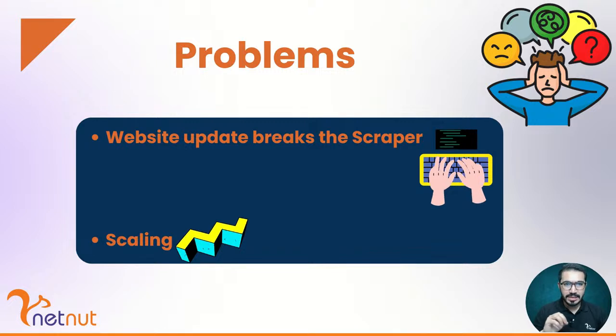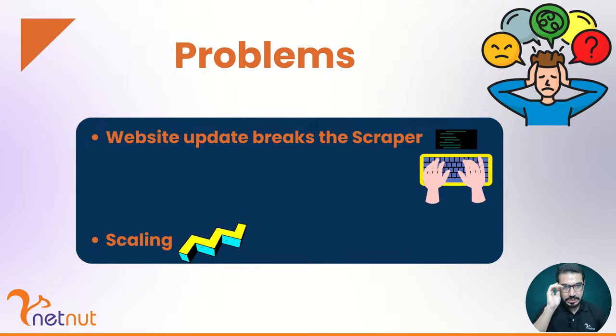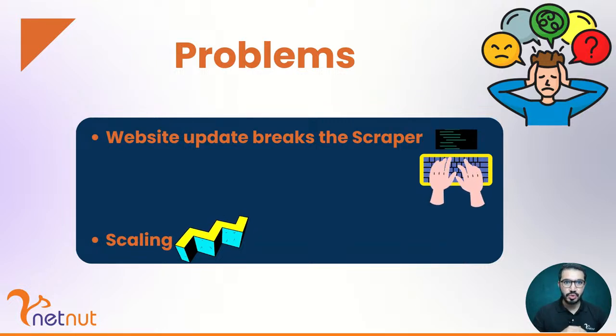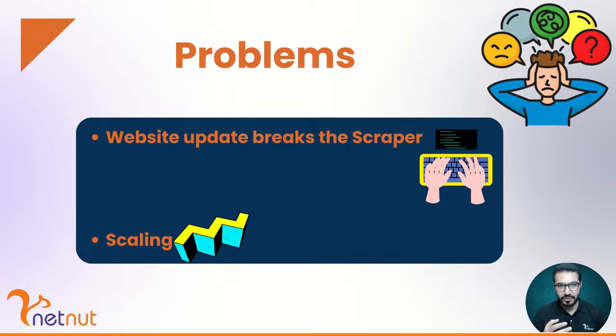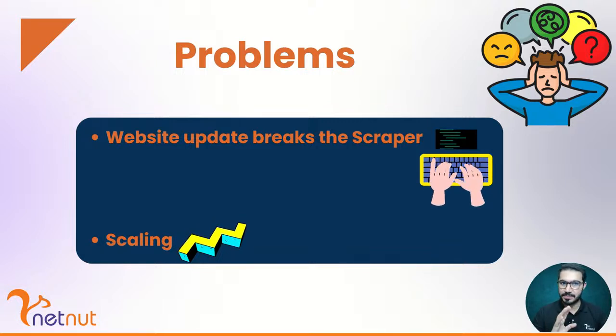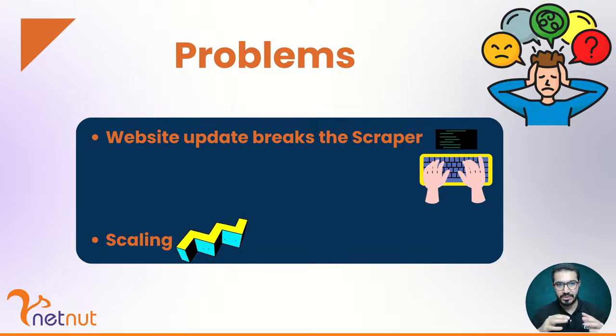So we are gonna solve mainly two problems in today's stream. Two very important problems that are being faced by the web scrapers, those who write code or use any technique for web scraping. First, and the primary problem that we are going to solve in this stream is website updates breaking a scraper we have already written.